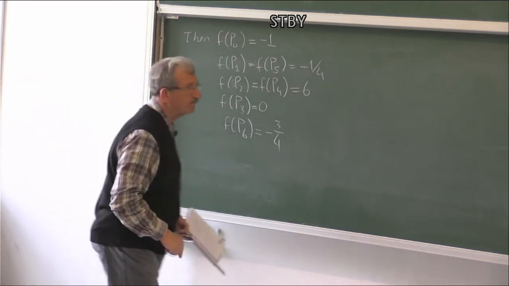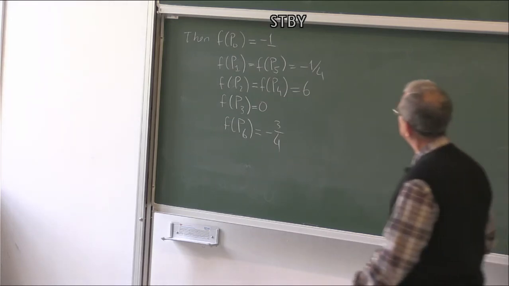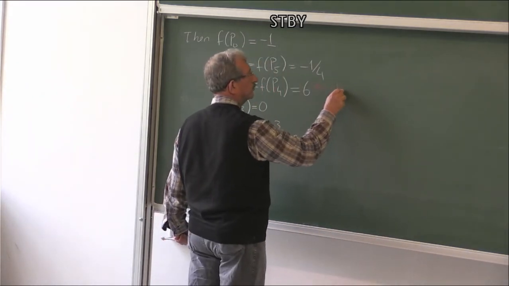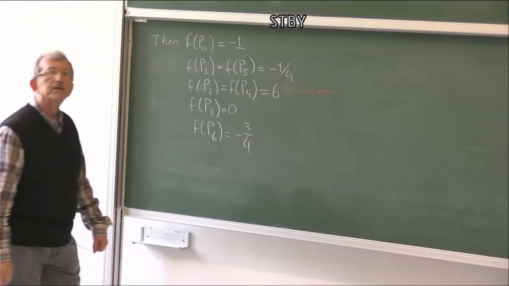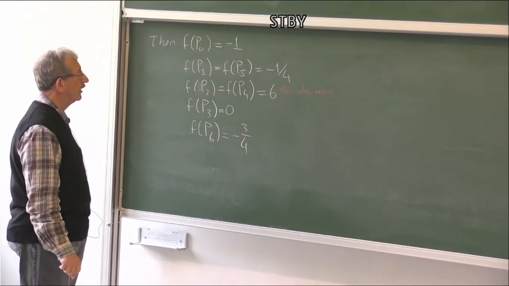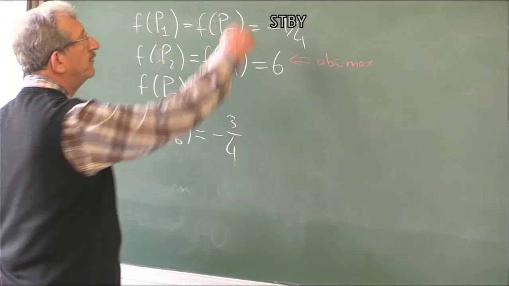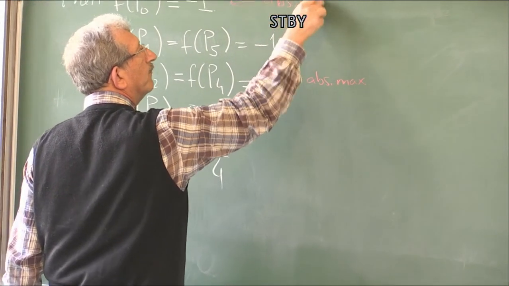So these calculations tell us that indeed the value which is biggest is 6. So this is the absolute maximum of the function on this domain. On the other hand, the smallest value is certainly minus 1. So this is the absolute minimum value.